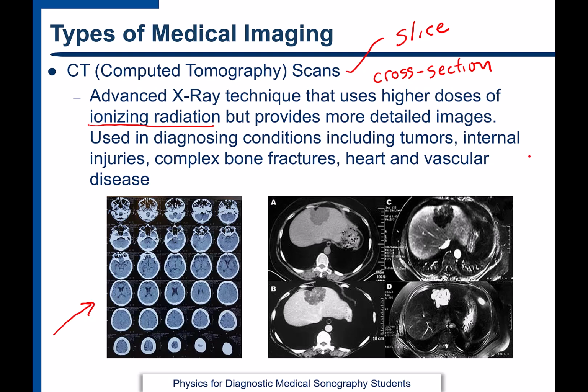This is a CT scan of somebody's core abdomen, and again, it's giving these cross-sections or slices. So there are higher doses of ionizing radiation than in an X-ray, but also more detailed images. And these can be used for diagnosing things like tumors, internal injuries, complex fractures, and also heart and vascular disease.